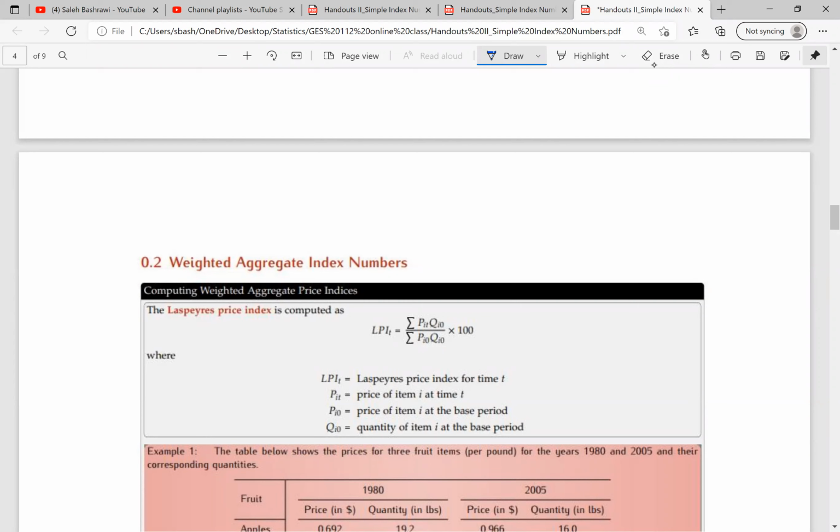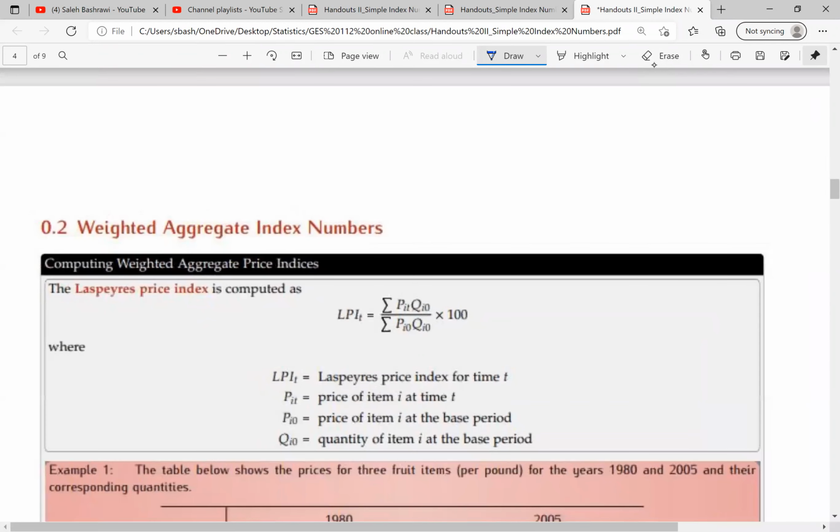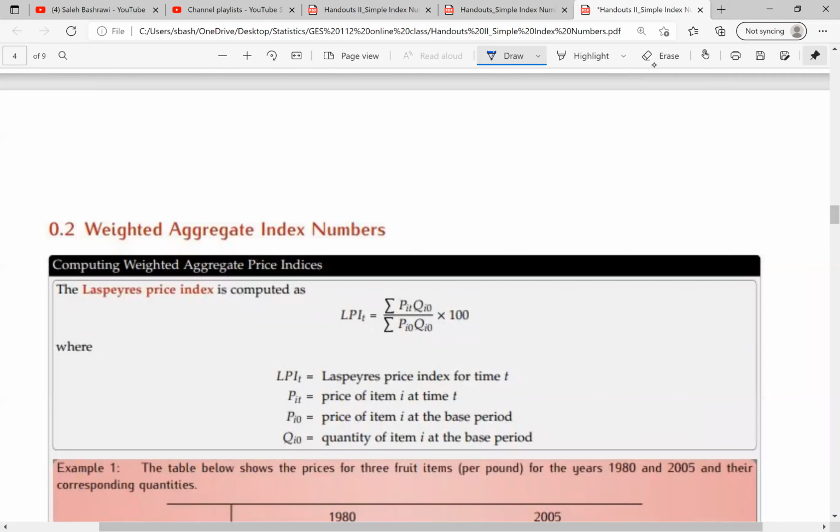The first one is the Laspeyres price index, which is computed as sigma of PiT times Qi0, the quantity multiplied by the price. And that's why we call it weighted. We multiply the price by the quantity at a given time, divided by the prices multiplied by the quantities at base time.